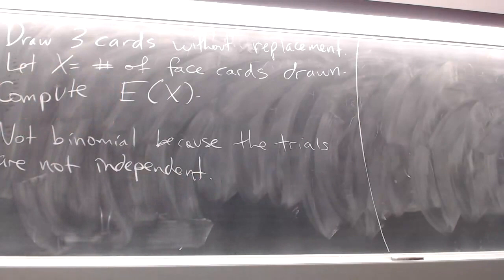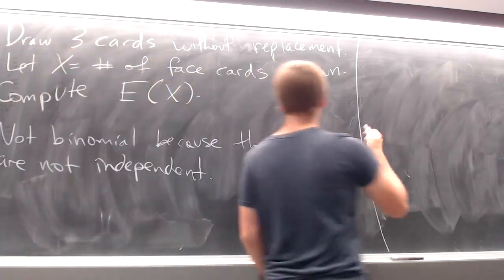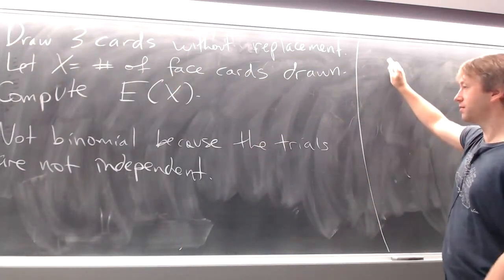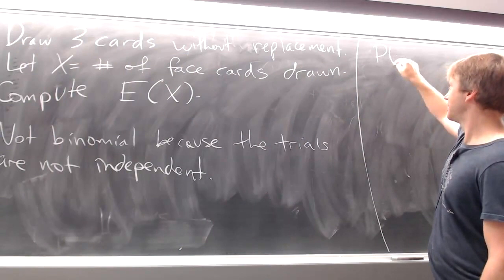Because if I get a face card the first time, I'm a bit less likely to get it the second time. So we can't really use our formula there. So we're going to need to do more work.